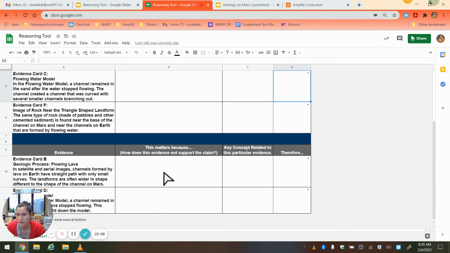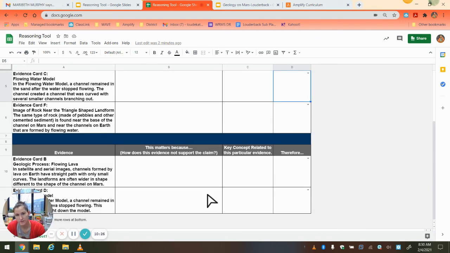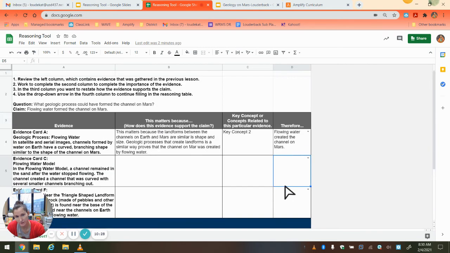Here it's kind of refuting. This is a good analytical process because in an argument, you want to be able to pick why evidence is not strong. It's like a counter argument that you'll use within it. So again, 4 sentences: find the key concepts that relate, and then pick the drop-down arrow.